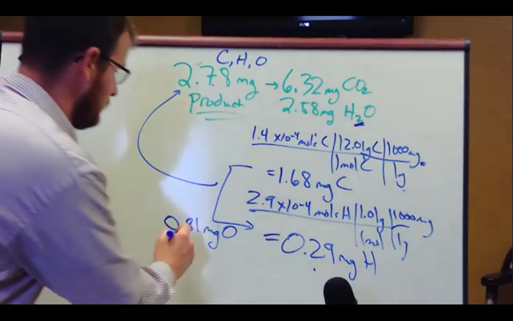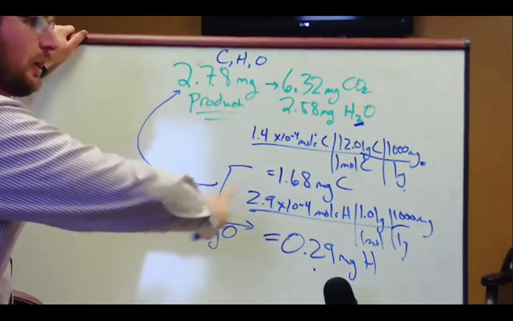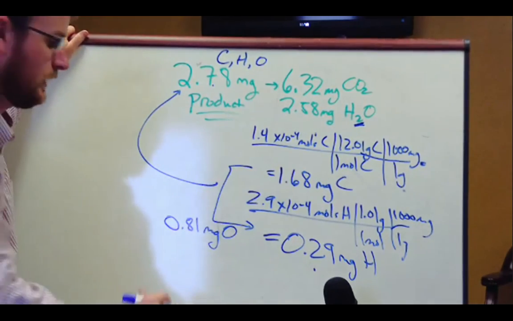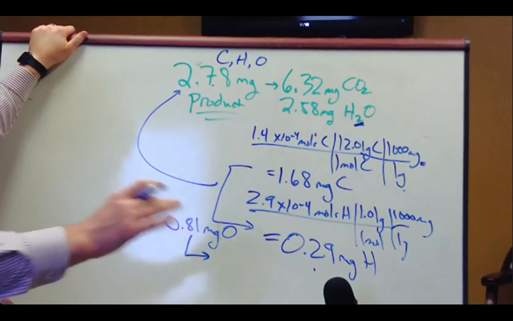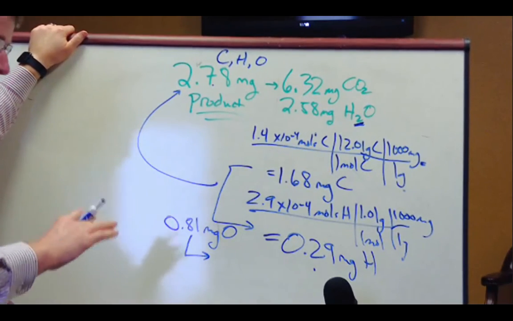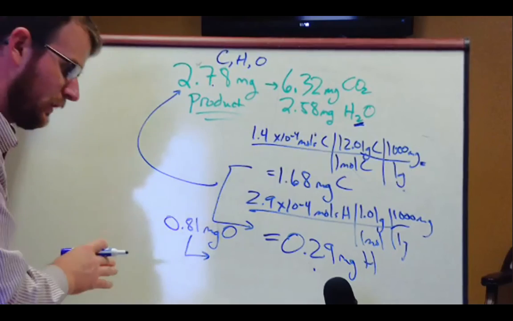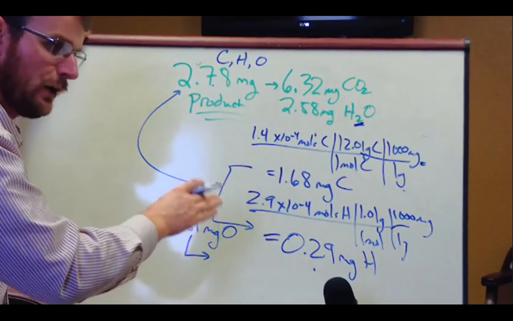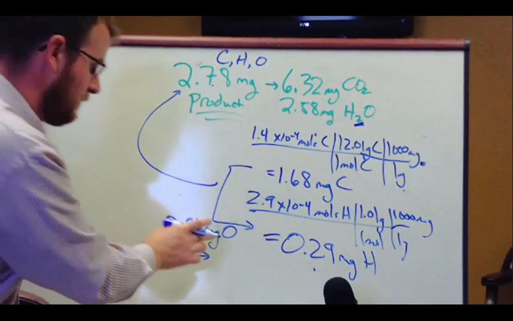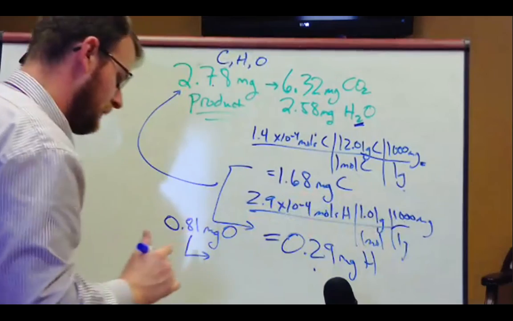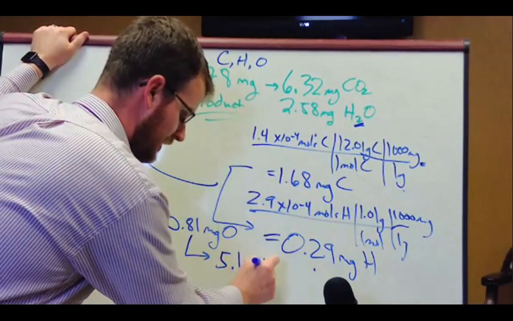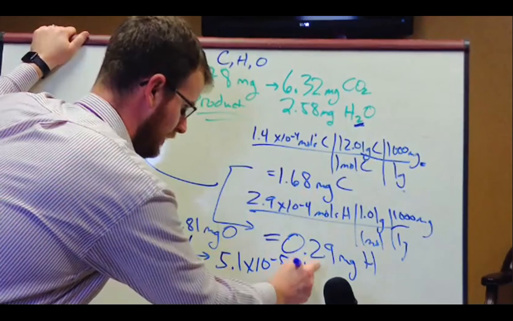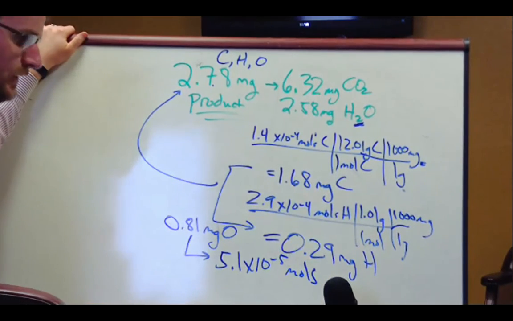So what we can do is take this and do our conversion into moles. I would like you guys to go ahead and do that, just so that you can see, again, going from milligrams, the same way we did it for the carbon and the hydrogen, take the milligrams into the moles. And what we're going to get is 5.1 times 10 to the negative fifth moles. See if you get that answer.